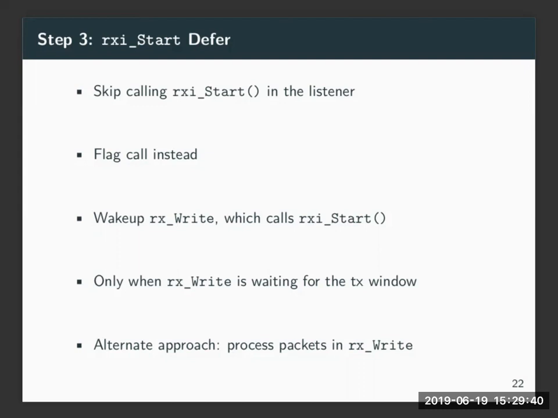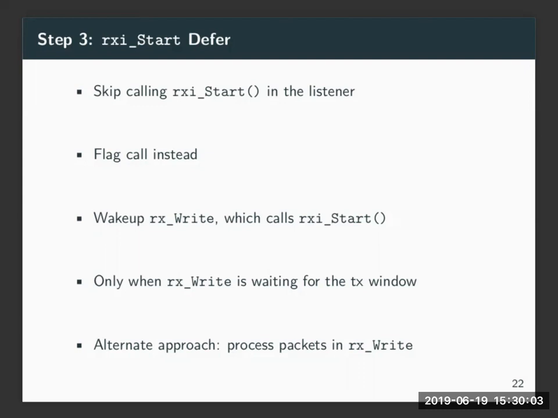Another approach I considered was, instead of shifting where the sends happen, we could just have all of the packets go to that thread. When a thread is waiting in RxWrite, it's not doing anything. We're just waiting to be signaled by the listener to be able to proceed. So while we're waiting, we could just do all the packet processing there.